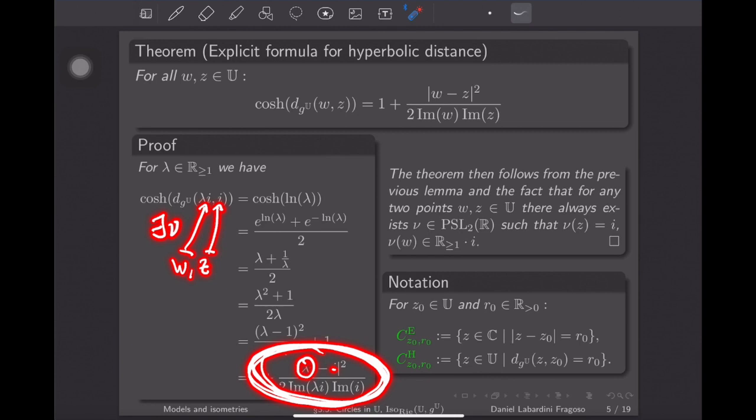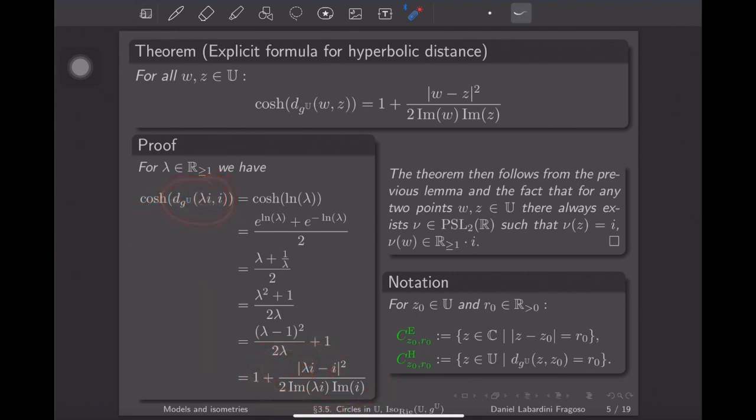And also every such nu is a Riemannian isometry, so in particular it's a metric isometry. It preserves distances. And so again, if I replace lambda I with W and I with Z, this distance doesn't change. So the theorem follows.